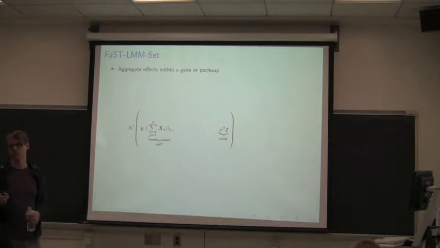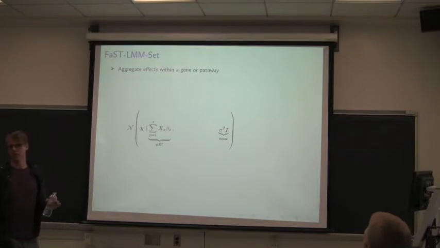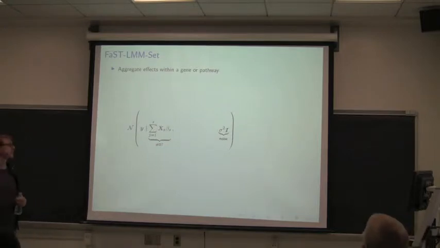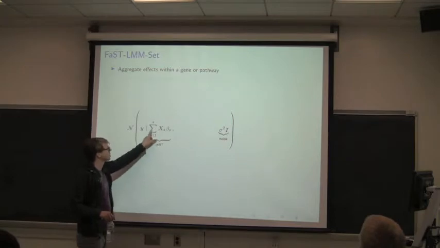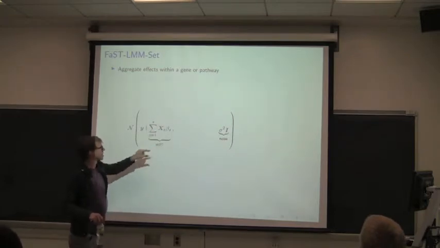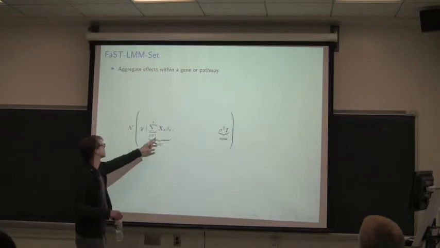For example, say each of those is a rare variant, and for rare variants, it's very hard to get significant tests in a regular manner. We can say, let's look at all the variants in a region and ask whether there is something in this region that is significant. In order to test that, we have to ask the question: is the sum of all these effects equal to 0 or not? The null model would be 0. This is the mean of the phenotype.